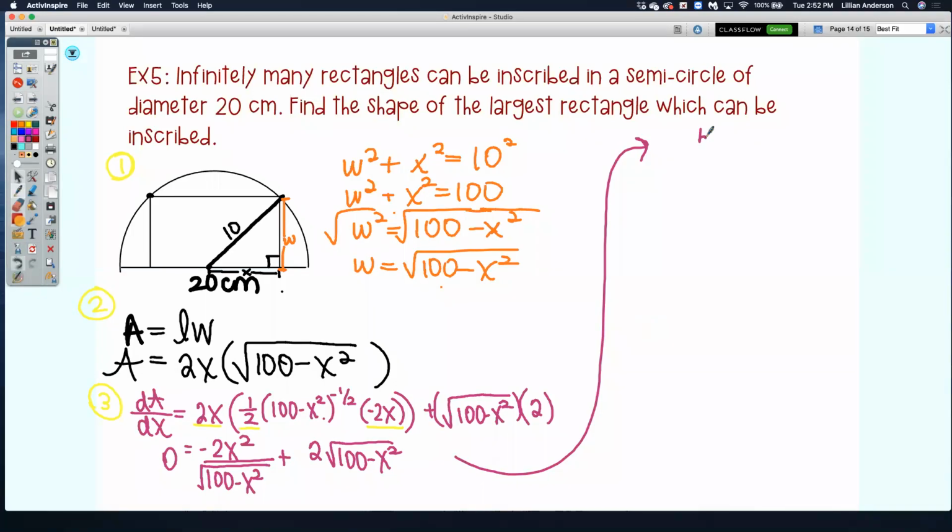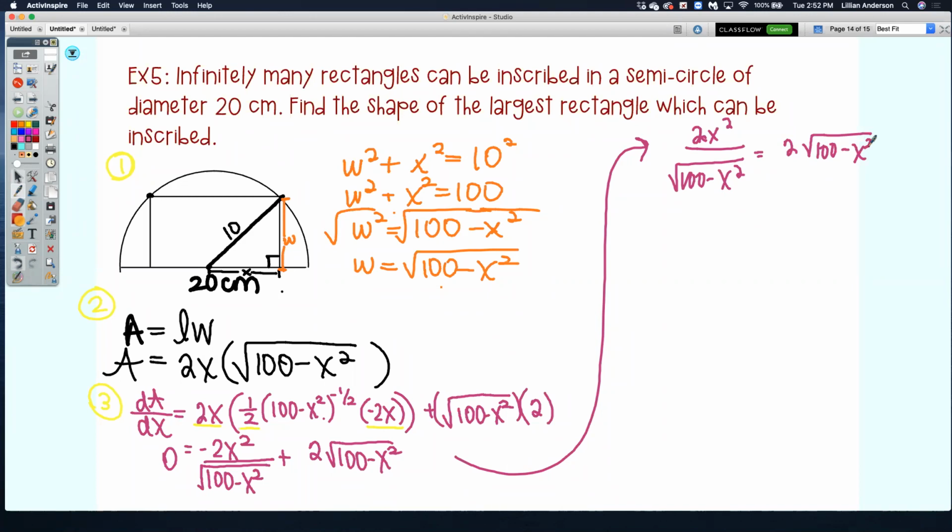So this becomes 2x squared over the square root of 100 minus x squared equals 2 square root 100 minus x squared. Did everybody see that? Because it was a minus 2x squared. So I added it to the other side.